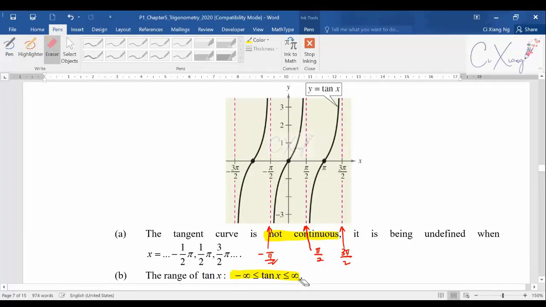When they want to test you about the range for tangent, there is also nothing much they can ask, because the range is always negative to positive infinity. So they seldom ask about the tangent graph. To me, the sine and cos graphs are much more important, and you must know the range of the sine and cos graphs, comparatively to tangent.